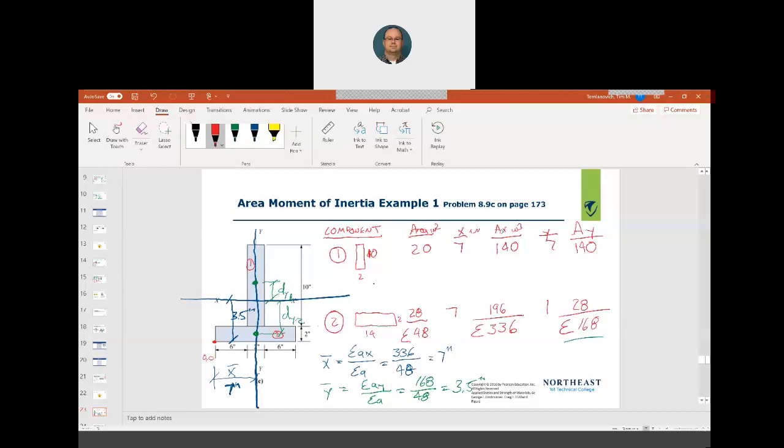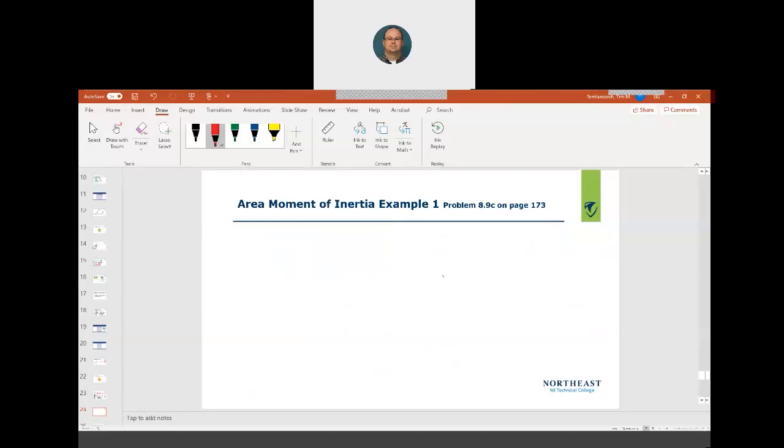Okay, all right, so now what we need to find, I'm continuing on the table. I need to find the individual, let's use green, individual moment of inertia along the x component, okay?